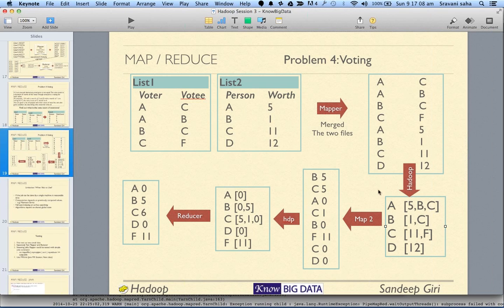For each value, like this first line, it printed these three values: B5, C5, A0. Similarly, for this one, it printed C1 and B0.